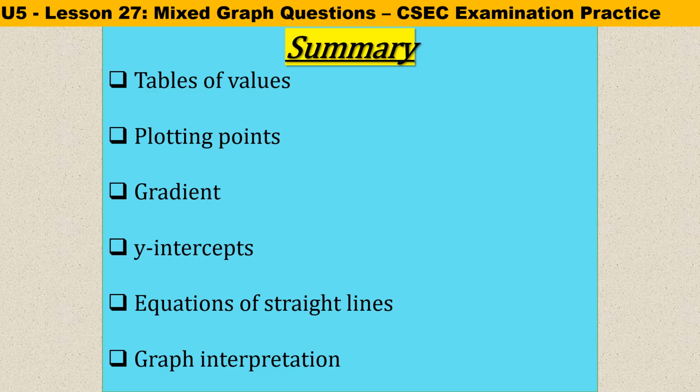And with that said, we are down to the end of our lesson. It was a pleasure having you as per usual. So for today, we covered table of values. We also did our refresher on plotting points. We did gradient, y-intercept, equation of a straight line, and we interpreted the graph as well.